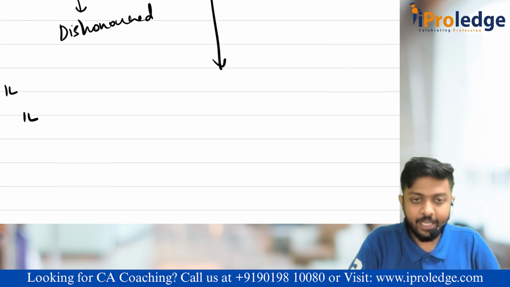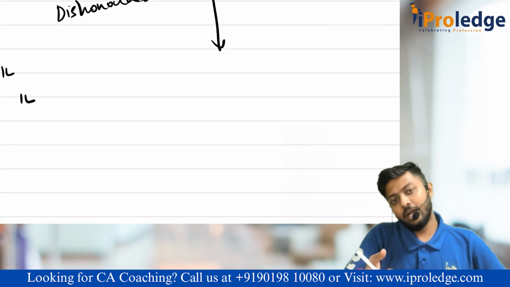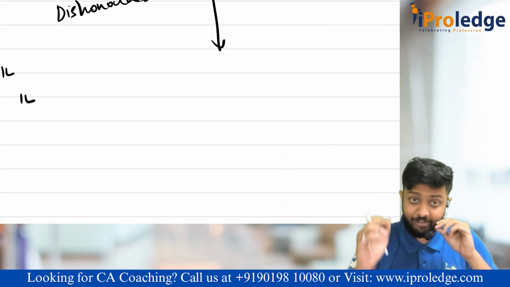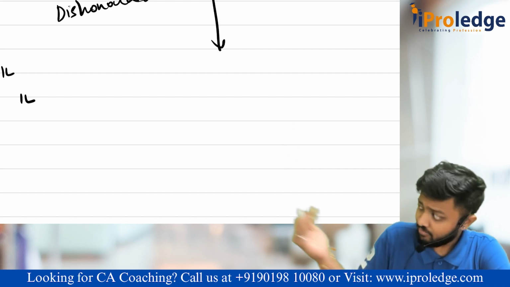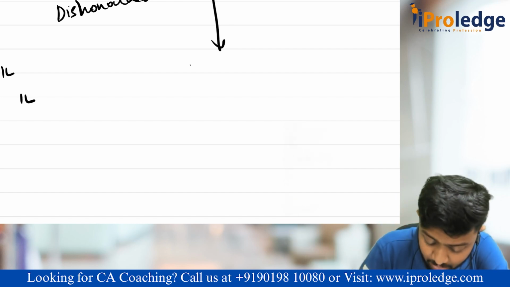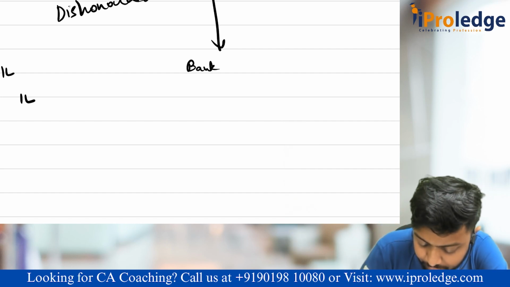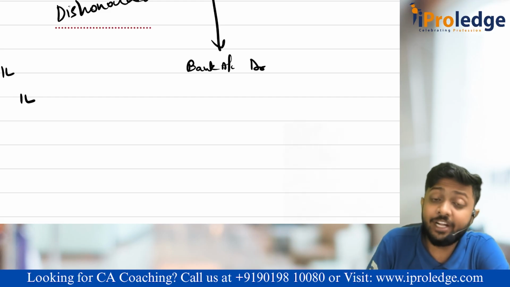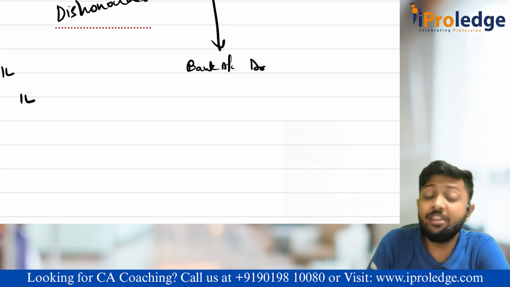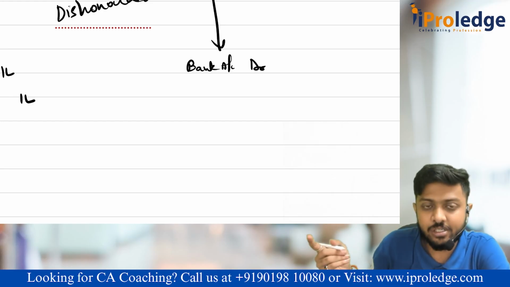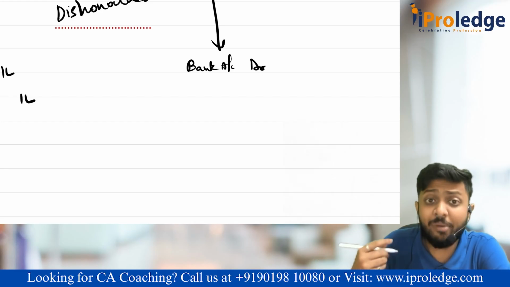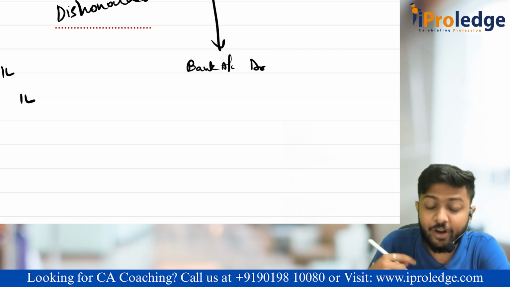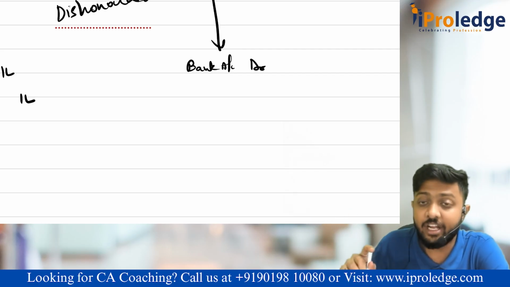So whenever you get that bill receivable discounted from the bank, what is happening? Immediately you are receiving money from the bank, so bank account debit. Then, guys, the bank is deducting some money, that is 10,000 rupees. For the bank, it is interest. For us, interest is an expense.